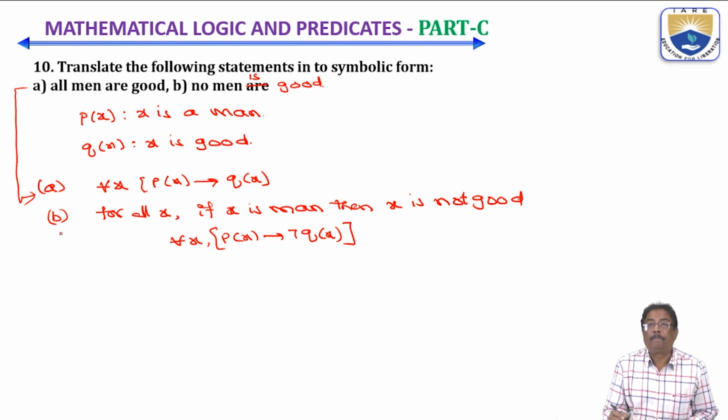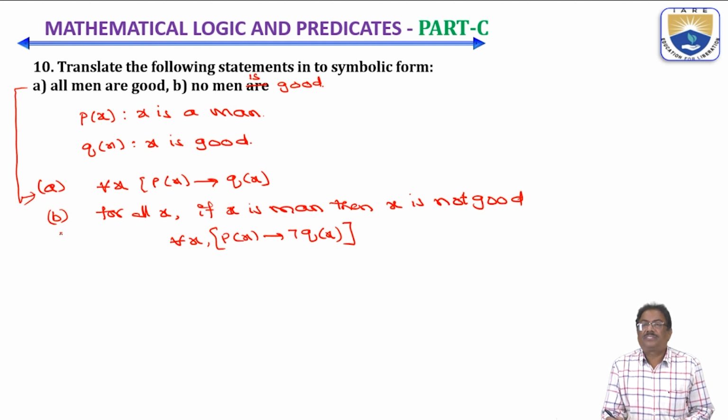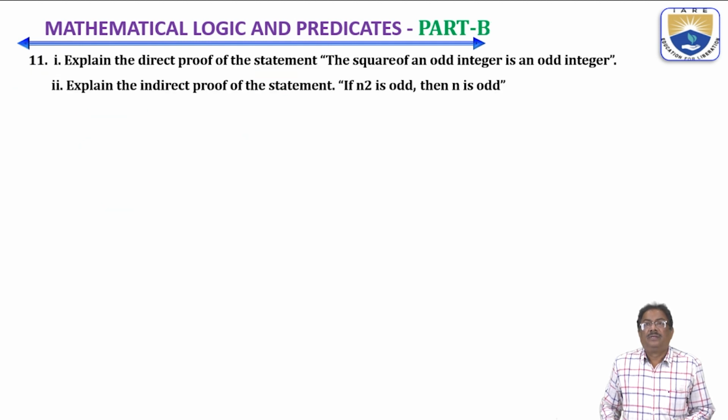So this is for b. So translate whatever the statement will be, then we are going to construct a symbolic form by using predicate calculus.